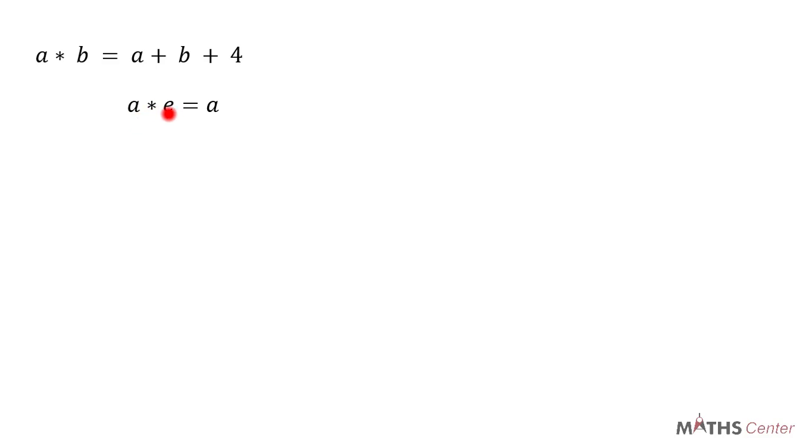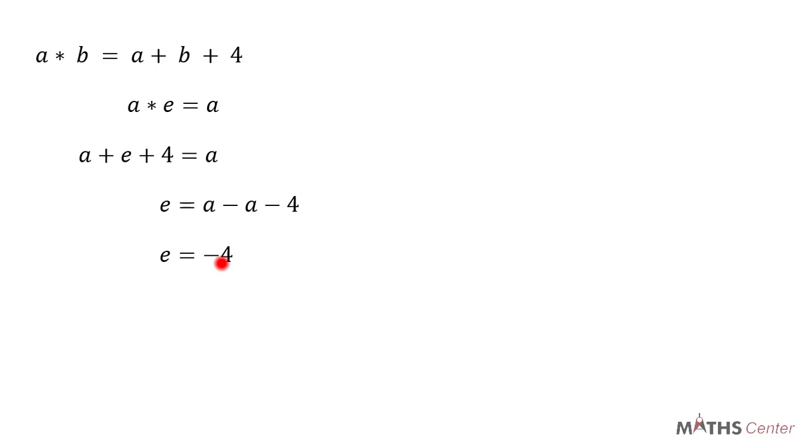So A star E will be equal to A plus E plus 4. We want to find E, so I'll send A and 4 to the right hand side. That will give us E is equal to A minus 4.